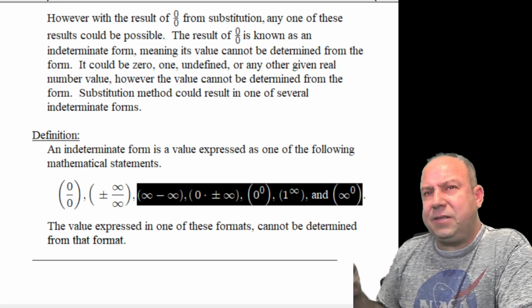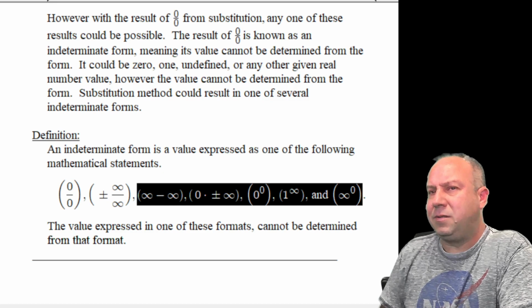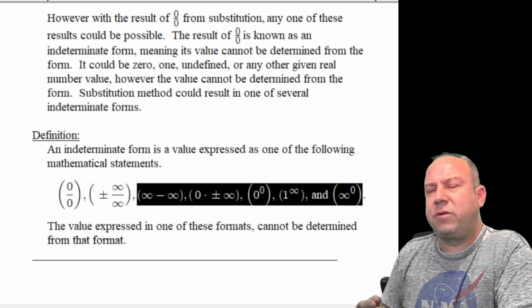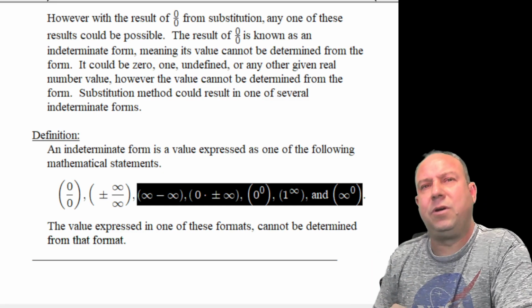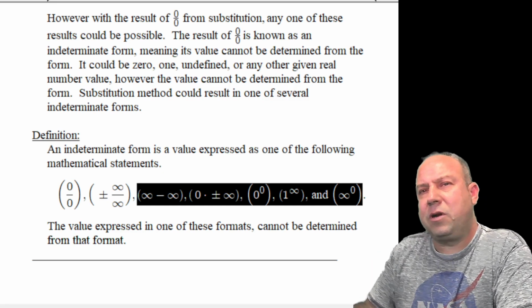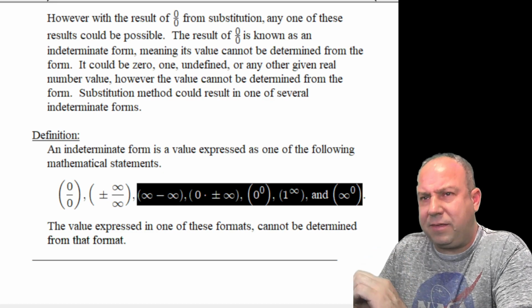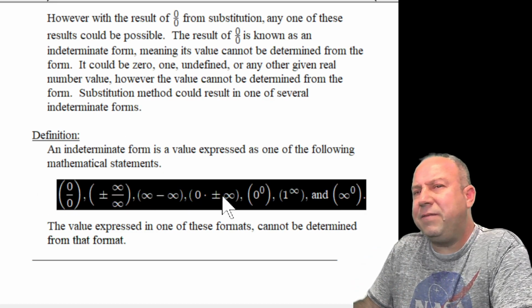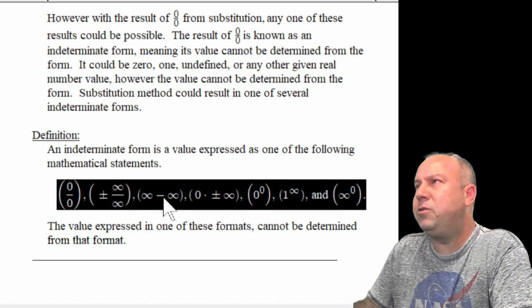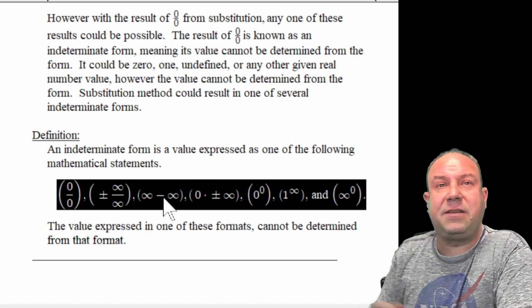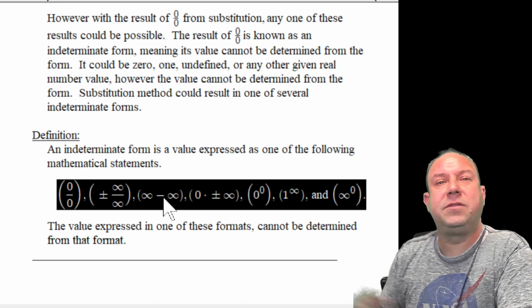There's some techniques referred to as L'Hopital's methods. And there is a rule that's referred to as L'Hopital's rule. And we're going to learn L'Hopital's rules and methods to help us evaluate limits that produce these collective set of indeterminate forms.